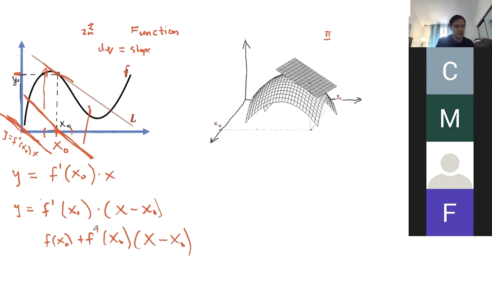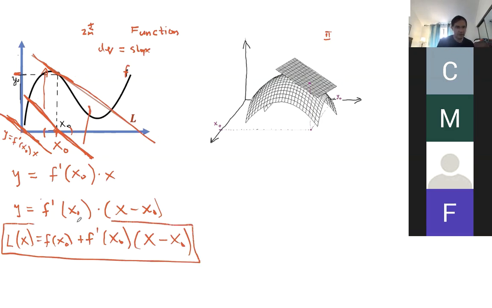That's the linearization of this function f, because you take this function and shift it a few units up to the given point. So that's the function L, and this is the linearization. That's the function L of x equals that. Okay, this is something we know, and this is one variable calculus.